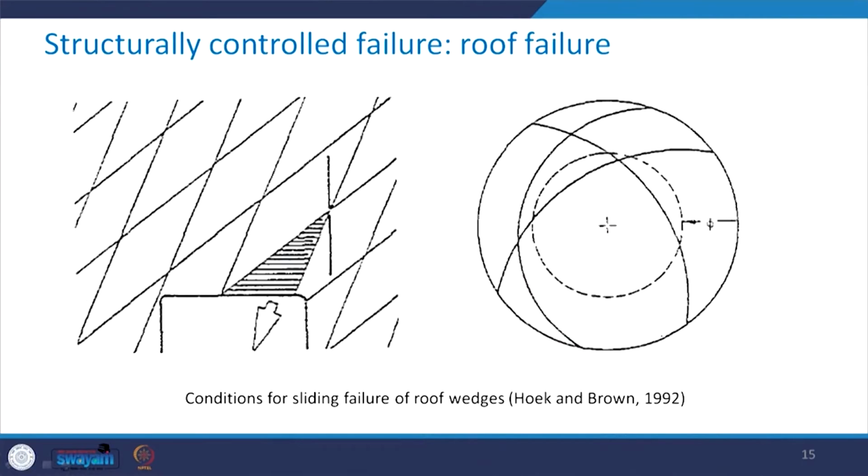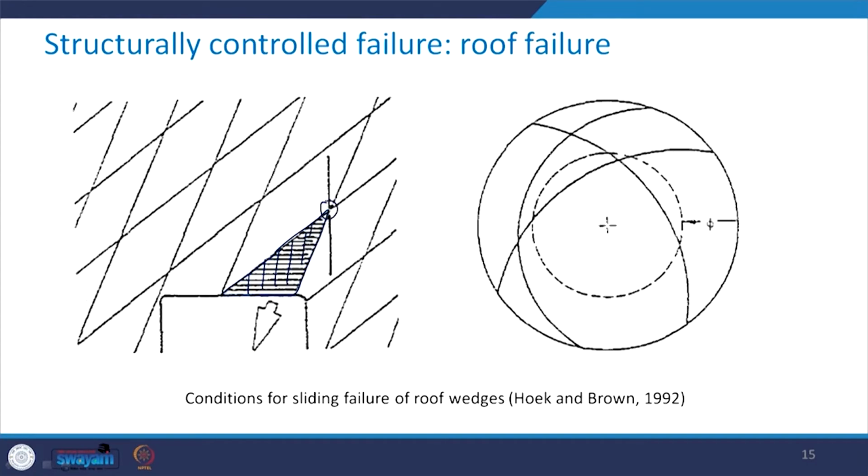Take a look at this picture. So, this is showing you this particular condition. Here this is the wedge which is being formed in the roof portion by the discontinuity. This shaded portion is that wedge.